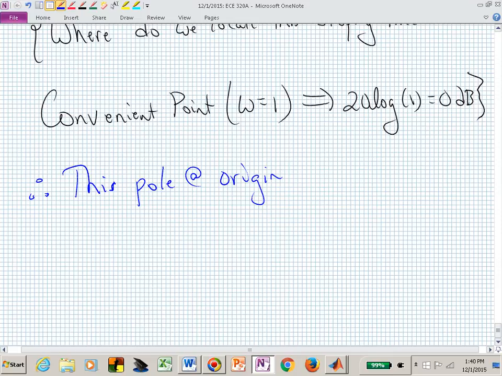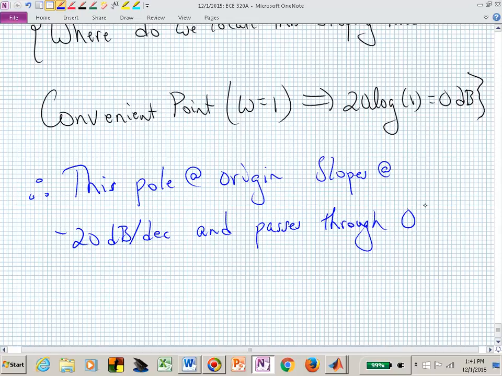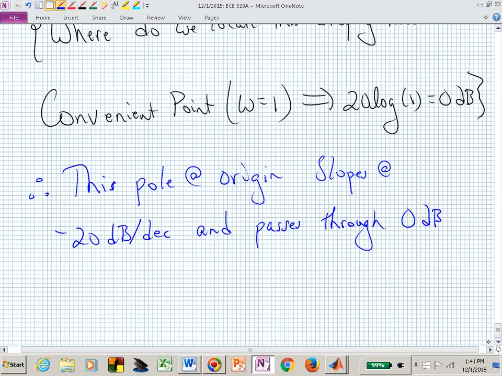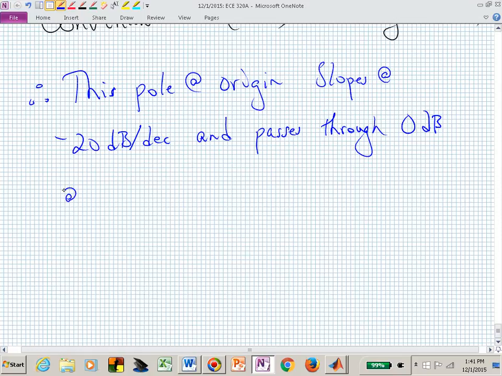This pole at the origin slopes at minus 20 dB per decade. Always, it never breaks, and passes through zero dB at this convenient frequency of 1 radian per second.